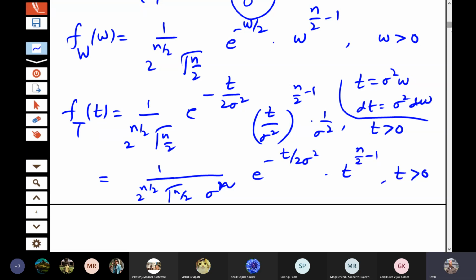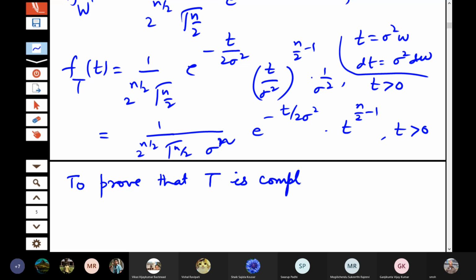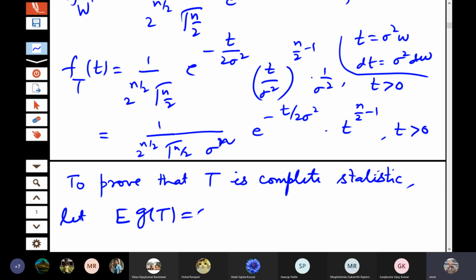So if I want to prove that T is complete, I should apply the definition here. Let us take expectation of g(T) equal to 0.